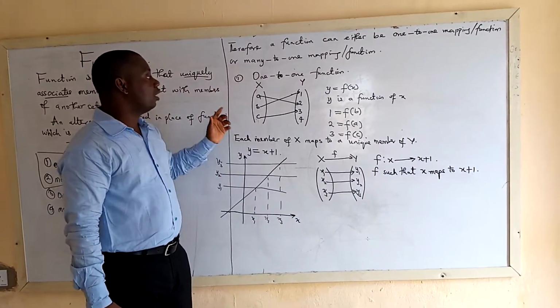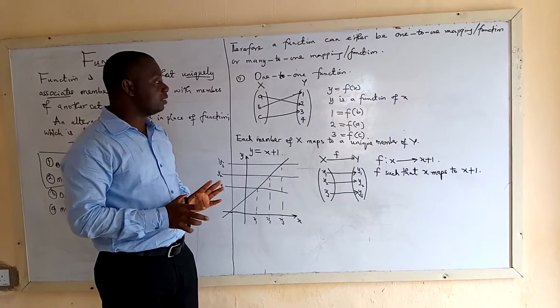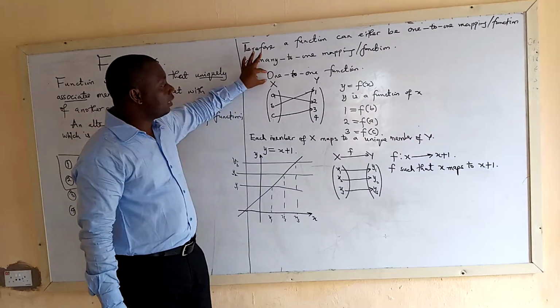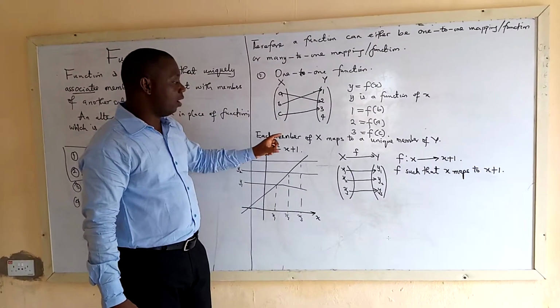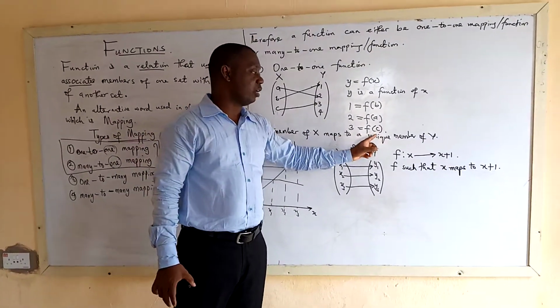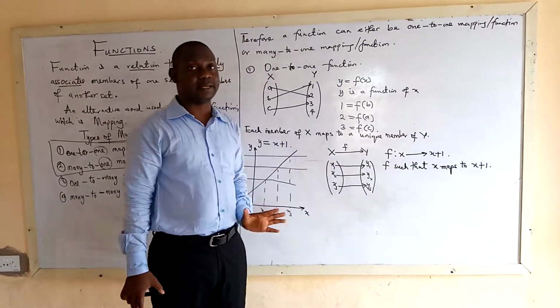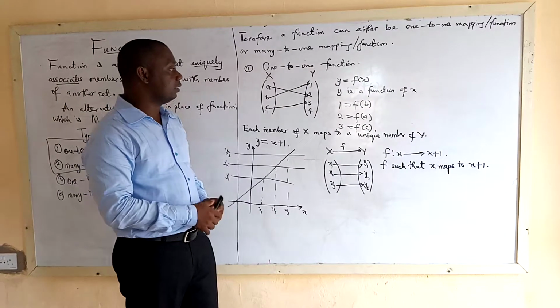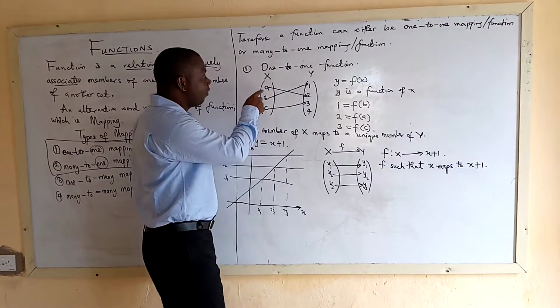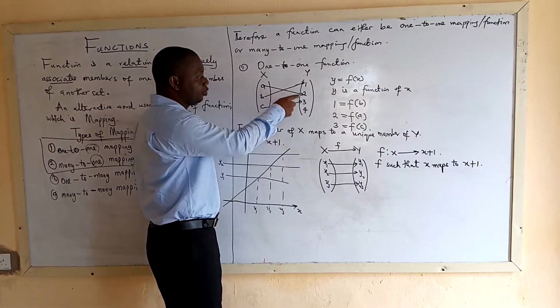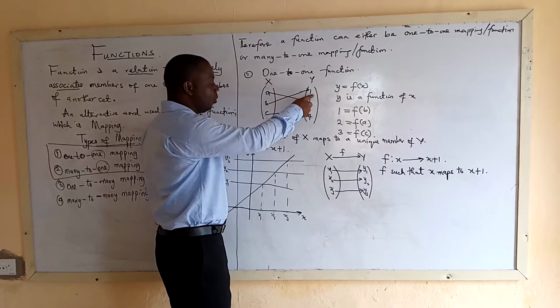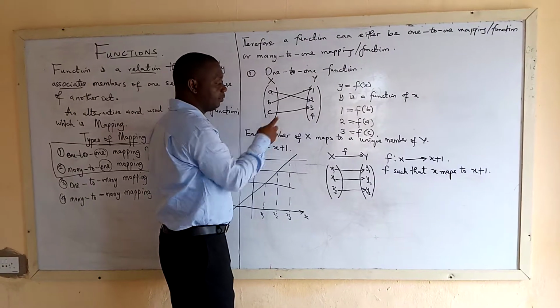Now, a one-to-one map means that each element, each member of X, maps to a unique member of Y. So what are we saying? We are saying that for this one now, A maps to 2, B maps to 1, and C maps to 3.